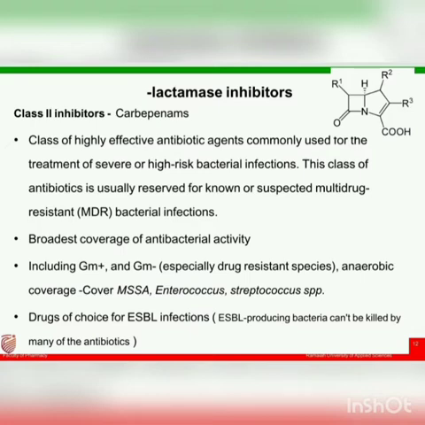It has the broadest coverage of bacterial activity, including gram-positive and gram-negative, especially drug-resistant species, and aerobic coverage, covering MSSA, Enterococcus, Streptococcus spp, and it is the drug of choice for ESBL infection, where ESBL is a producing bacteria that can't be killed by most of the antibiotics.